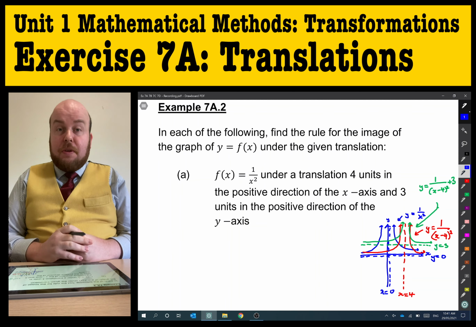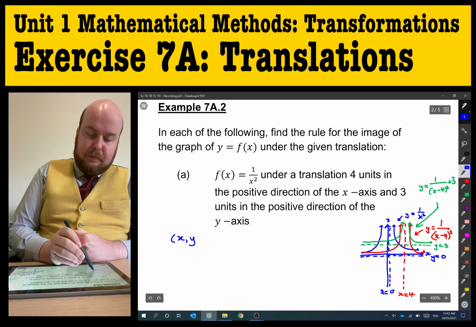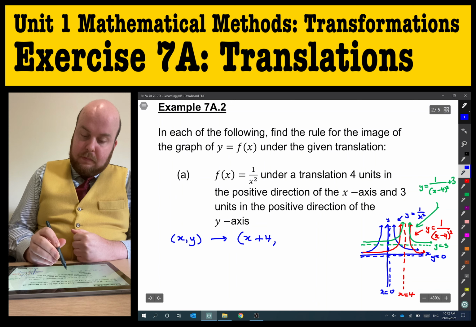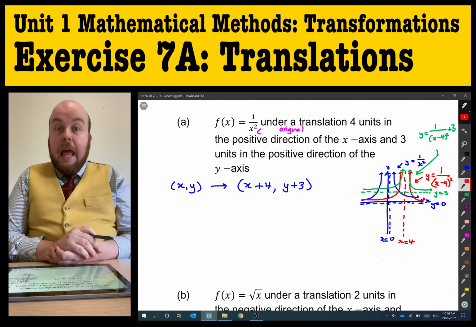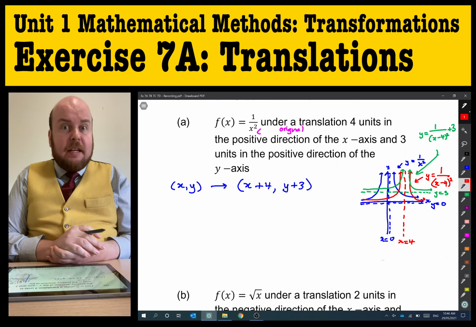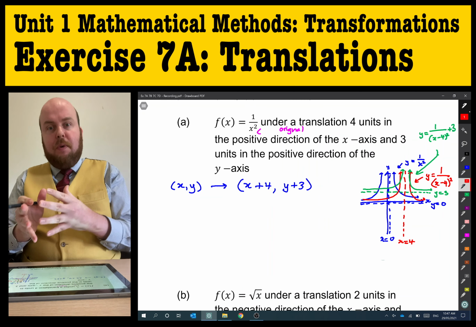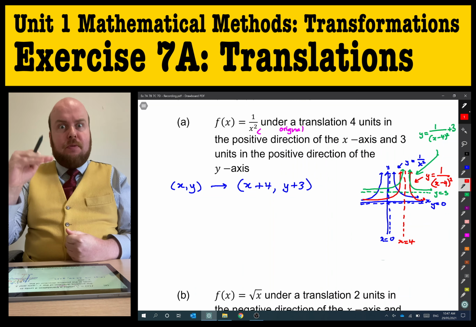However, we can also show this in a systematic way with those coordinates. I've written the coordinates just like I did before with those points in the previous example. A translation of 4 units in the positive x direction, I've written as x plus 4, and 3 units in the positive y direction, I've written as y plus 3.